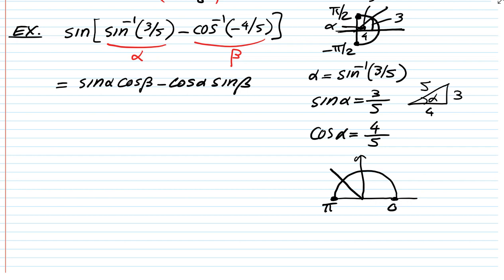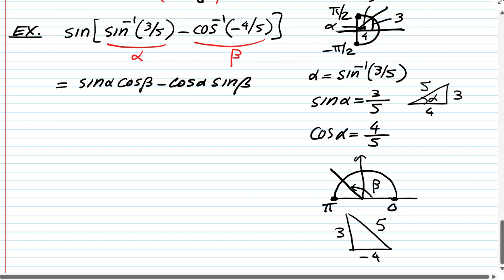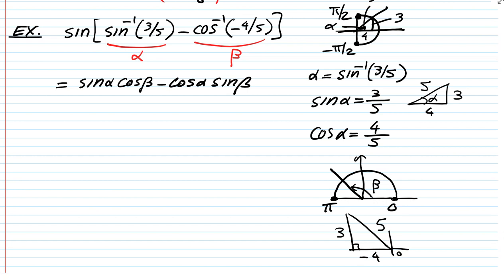That's where cosine is negative. So this is where beta is. Now my triangle in there, this is what the triangle is going to look like. 4/5, that's negative 4, that's 5, so this is 3, right? Because it's negative, I have to be to the left of 0. The adjacent is on the left side.